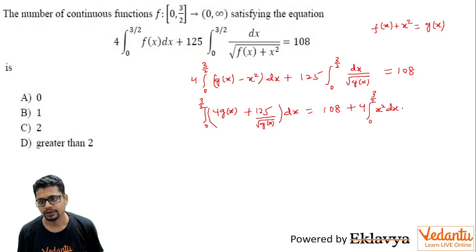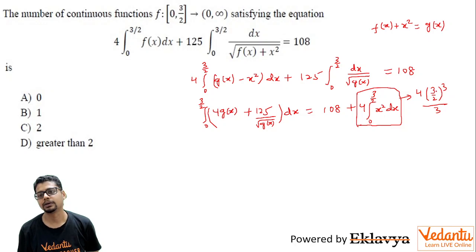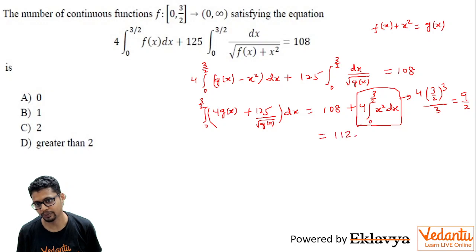If we evaluate this, you get 4 times (3/2) cube by 3. The 3 will cancel out, you get 9/2, so 4.5. So what you get is 112.5.